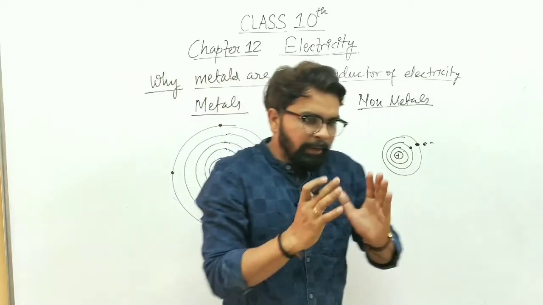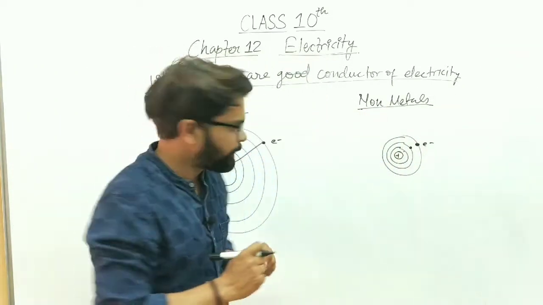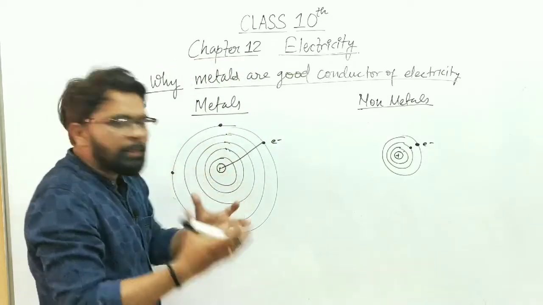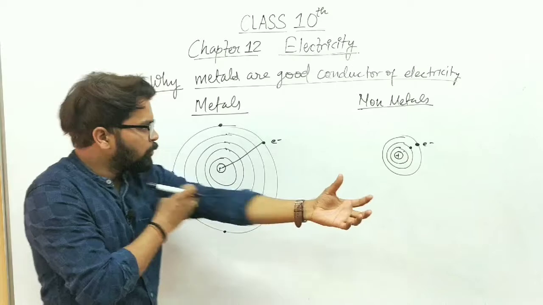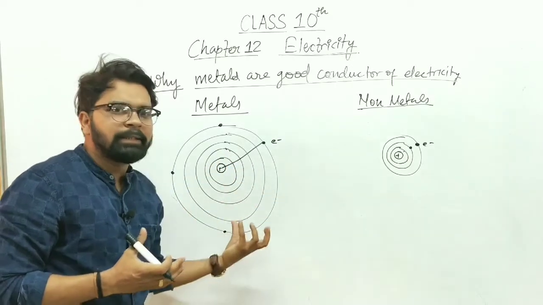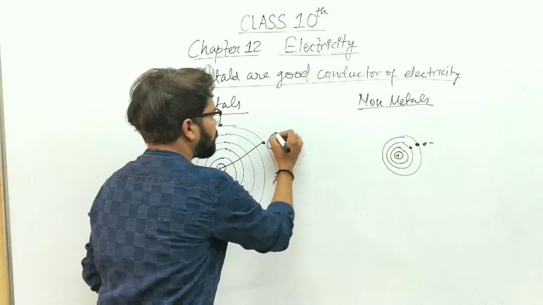If the distance is long, the force is quite weak. The nucleus does not have the capability to hold this electron. So if a small amount of heat is given, this electron is going to be free.